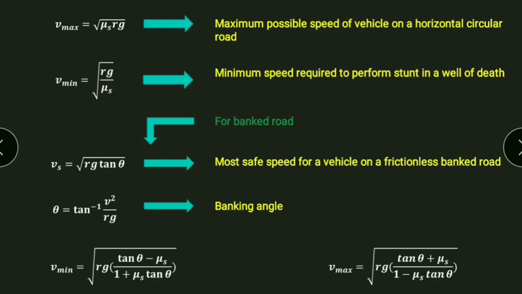For banked road, the safest speed for the vehicle on a frictionless banked road is Vs equals square root of rg tan theta, and banking angle theta is equal to tan inverse of V square upon rg. Here V minimum and V maximum are the minimum speed and maximum speed.